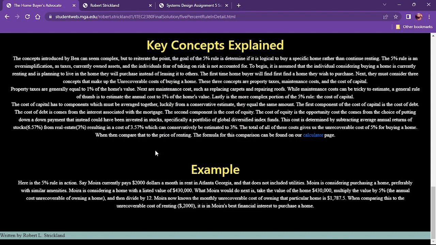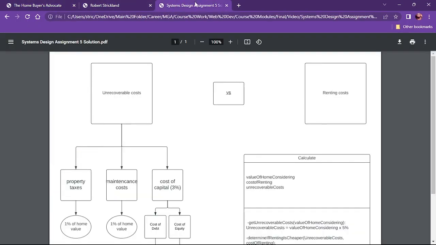It also gives you an example of using the 5% rule to determine if you should buy a home. And I also created a UML diagram to explain it.